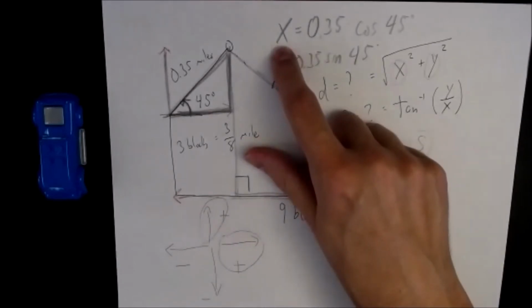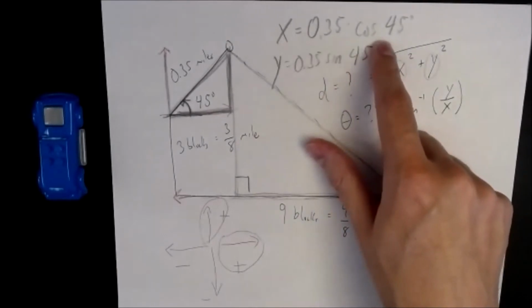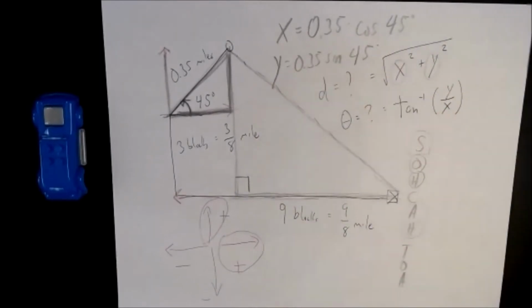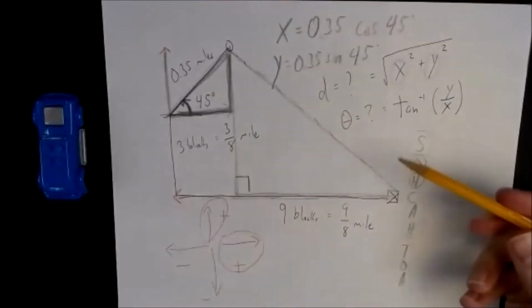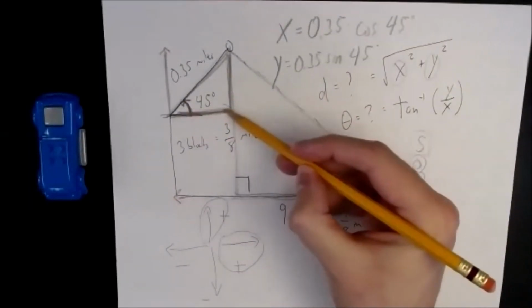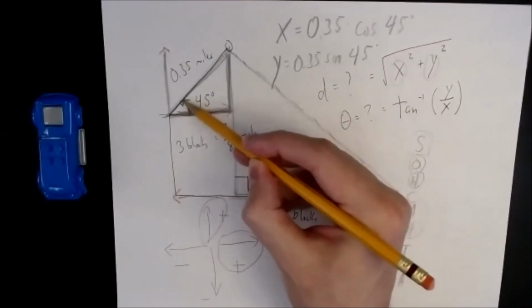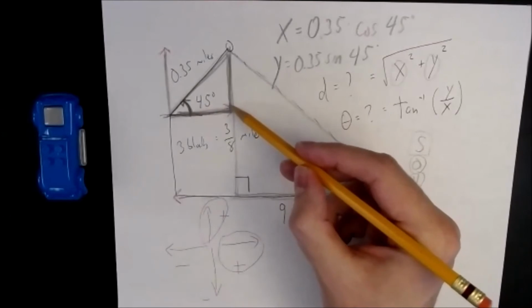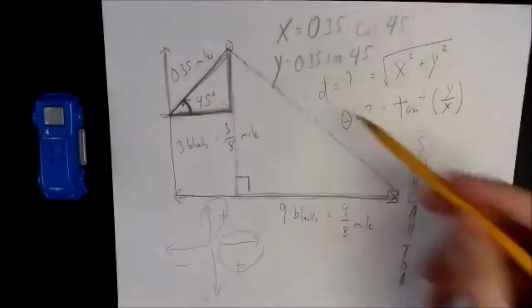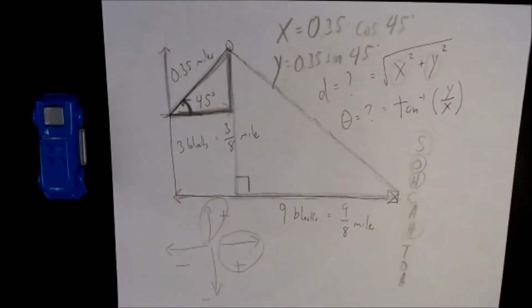But in general, x is going to be cosine, y is going to be sine, as long as you're measuring like this. We always try to measure with respect to the positive x-axis. Always, always, always try to measure from the positive x-axis, and then you'll get this right. If you're ever measuring from an angle that isn't at the positive x-axis, then things are going to get weird.